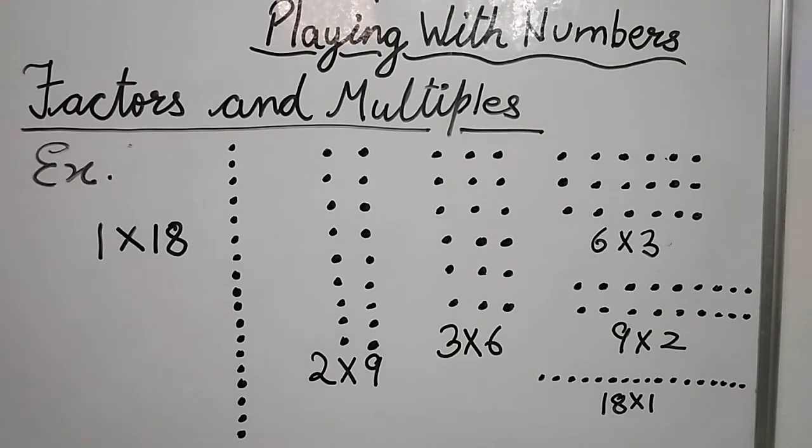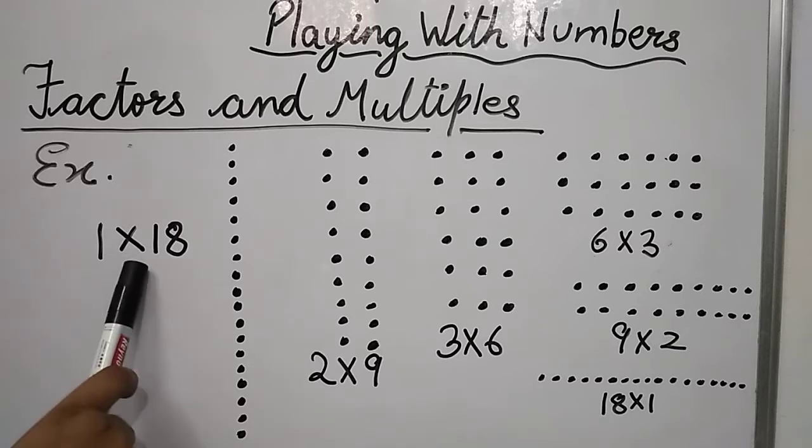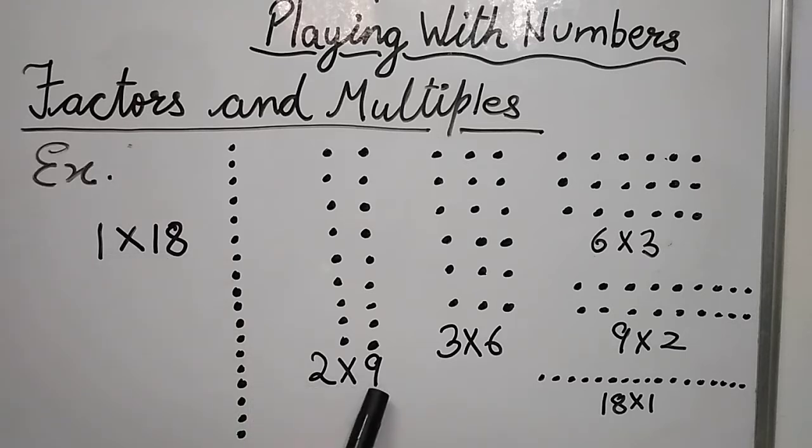By this calculation, it can be observed that 18 can be written as a product of two numbers in different ways, as 1 multiplied by 18, 2 multiplied by 9, 3 multiplied by 6, 6 multiplied by 3, 9 multiplied by 2 and 18 multiplied by 1.